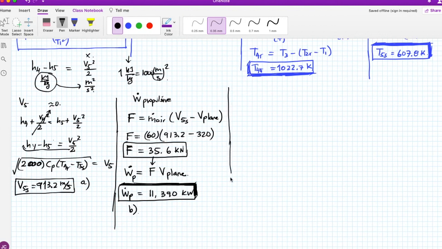One more. They're asking you something about the fuel. They're asking us, could you please tell me how much mass flow of fuel?